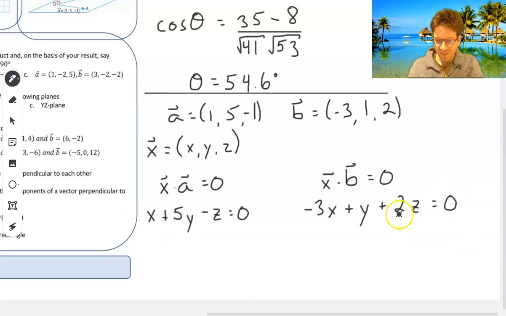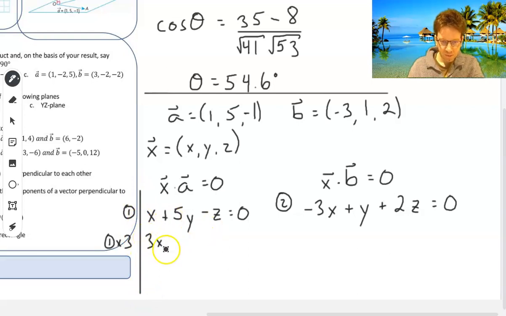Alright, so I need to solve these two equations. Let's call this equation 1 and this equation 2. And I'm going to start by taking equation 1 and multiplying it by 3. So that's going to give us 3x plus 15y minus 3z equals 0.